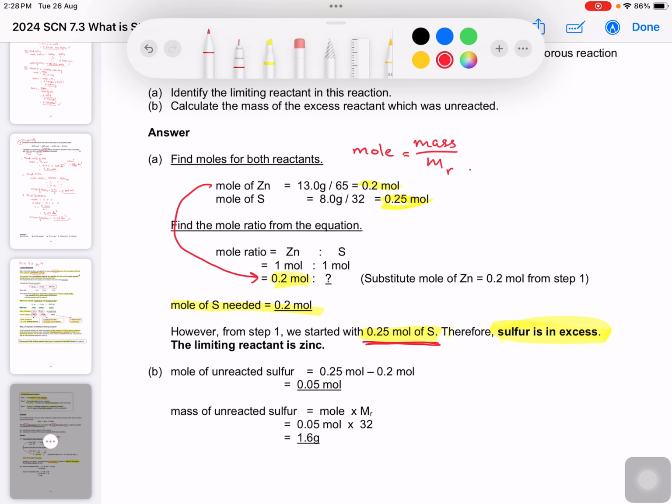Excess by how much? How much didn't get reacted? So, unreacted sulfur, take 0.25 minus 0.2, we get 0.05. That's the mole, correct? Now we want mass, so just convert and we will get 1.6 grams.